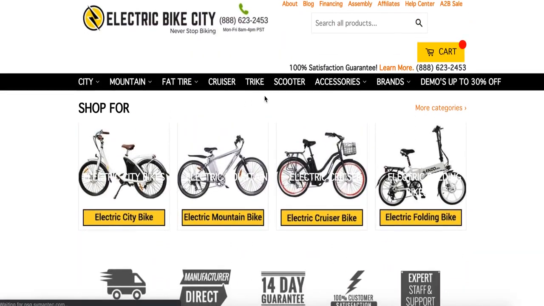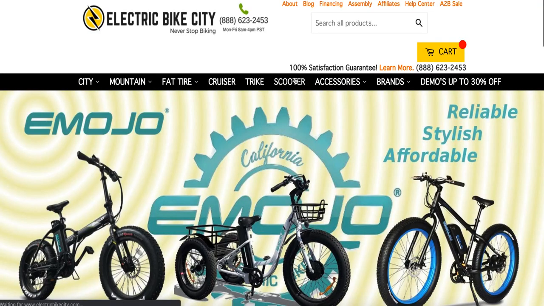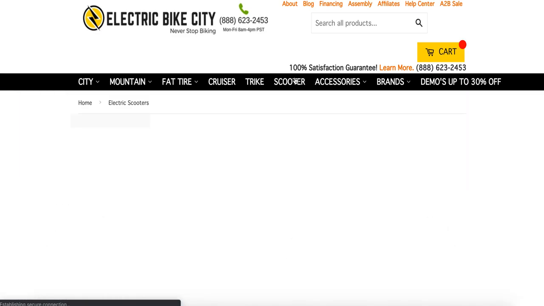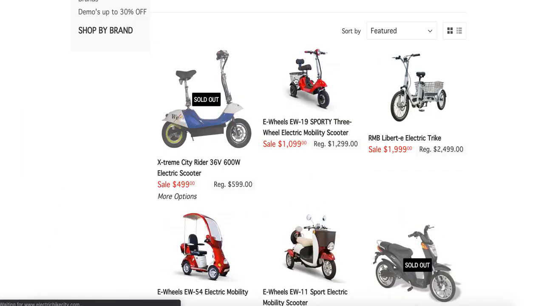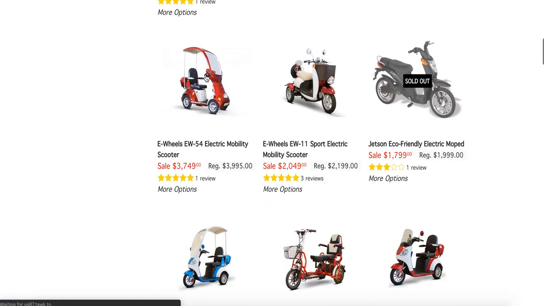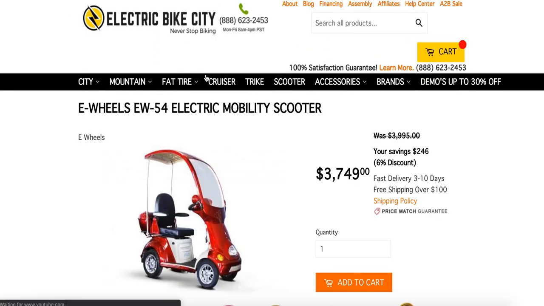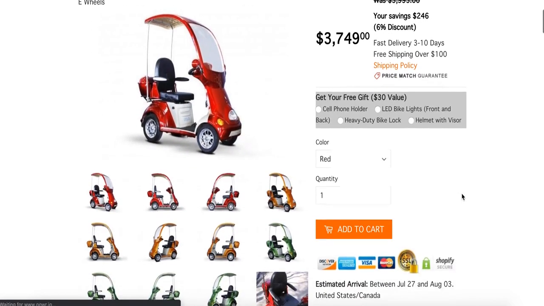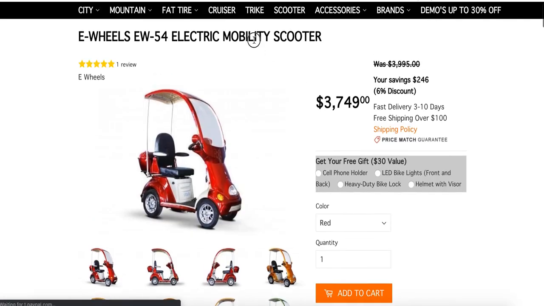So let's see, kind of hard to find one here. Let's look at the scooters. I think they're bigger. Yeah, like one of these big things probably requires freight shipping. This website probably doesn't really do that great of a job figuring that out.